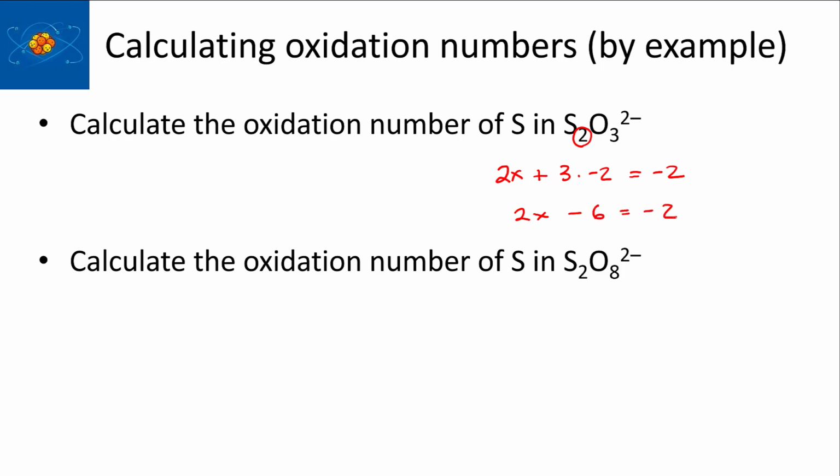Now, it's the same situation we had before, but now we have 2x, right? So in order for this equation to work, 2x is equal to 4, and so x is equal to 2. So in thiosulfate, the oxidation number for sulfur is plus 2.